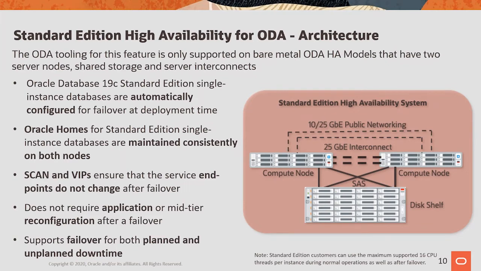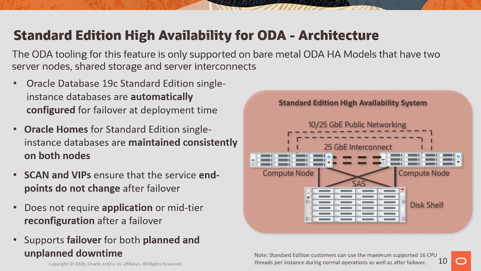And so there's a little more detail here, Paul, about the architecture for this tooling. Essentially, for the ODA implementation, I'm speaking specifically to ODA, we would run this on a bare metal ODA HA model, where we have the 2 server nodes, the shared storage, and server interconnects, okay?